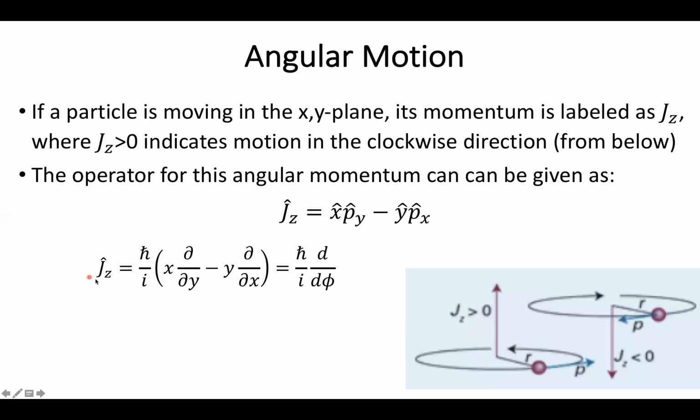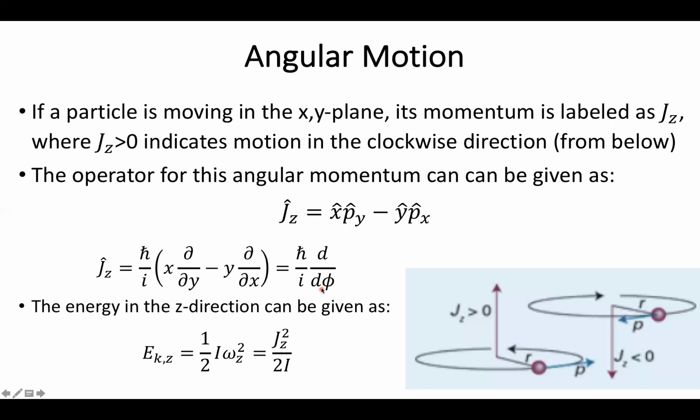So by switching from Cartesian directions to cylindrical directions, we actually simplify our system immensely, because now I can get my angular momentum in the z direction simply by taking a first derivative with respect to phi, which is going to become immensely useful.